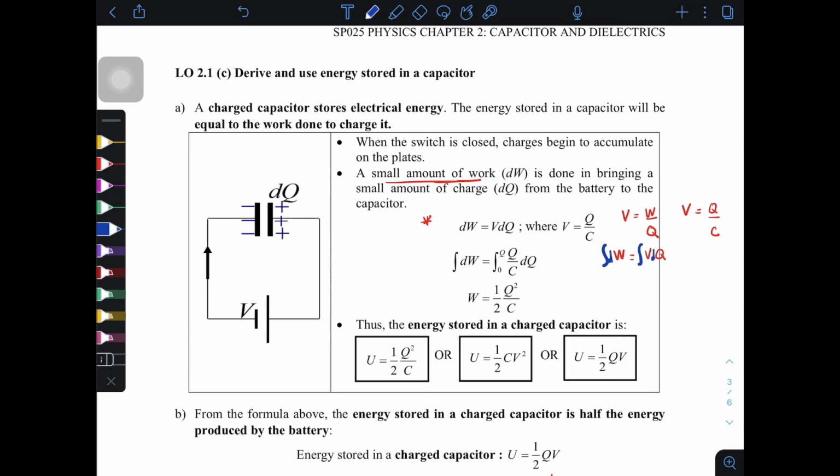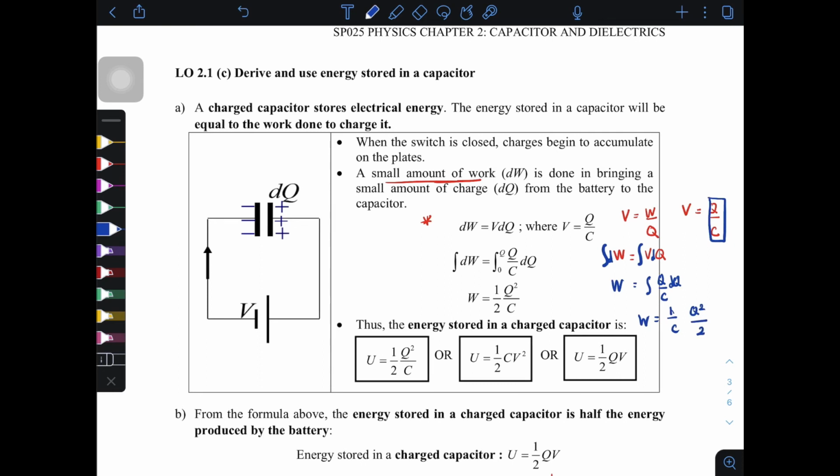Right? So, integrate 1 in term of W. Ini 1 kan? 1 in term of W, kita akan dapat W. Integrate V in term of dQ. Tak boleh. So, kita tahu V is equals to Q over C. Kita substitute sahaja. Integrate Q over C in term of dQ. Kita akan dapat W is equals to 1 over C Q square over 2.